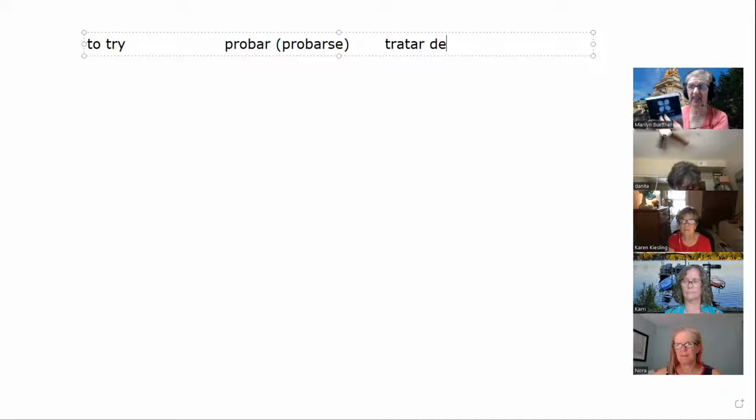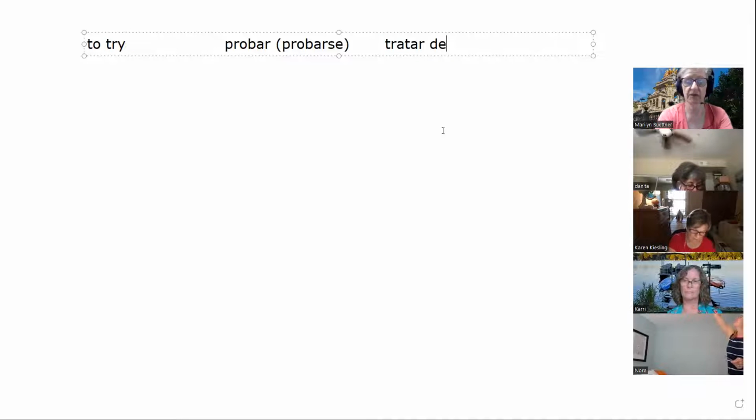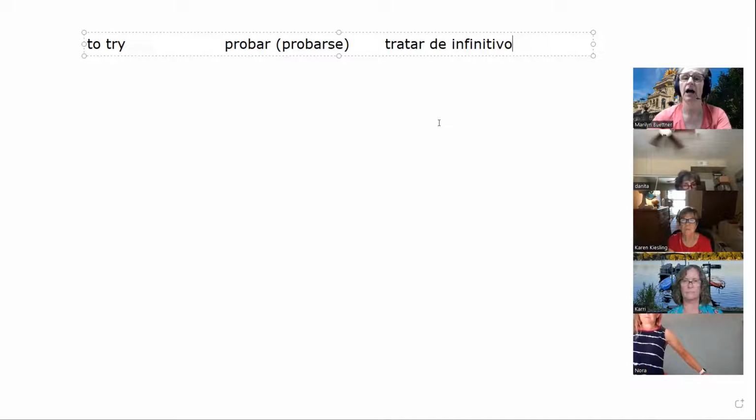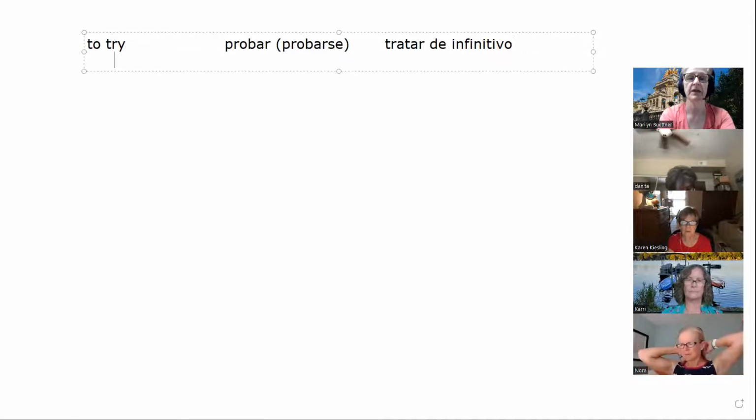Se trata de means to be about. But when we take away that se from tratarse and we just use tratar de, it becomes try. And of course, it's got to be tratar de infinitivo, tratar de with an infinitive, right?